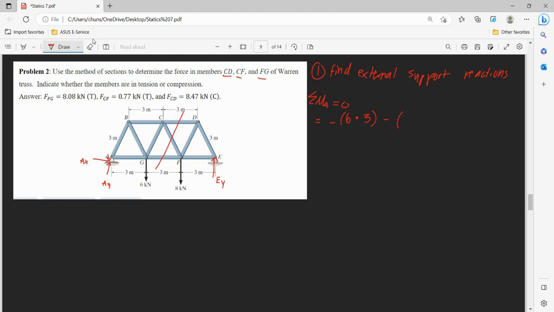Okay, this is -8 times 6 meters distance to A, and EY, have to go clockwise now, so that's EY times a distance of 9 meters. So if we move this around, EY is equal to 18 plus 48 divided by 9, and this is 7.3 kilonewtons.